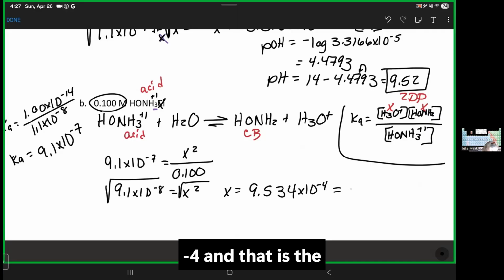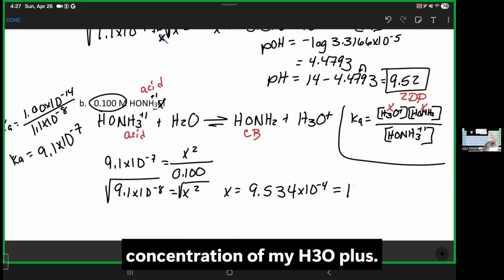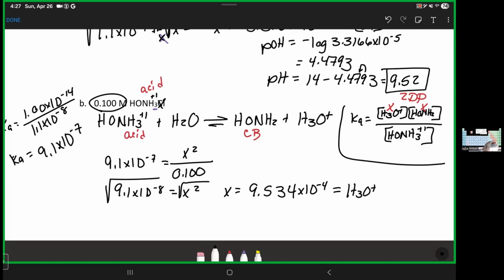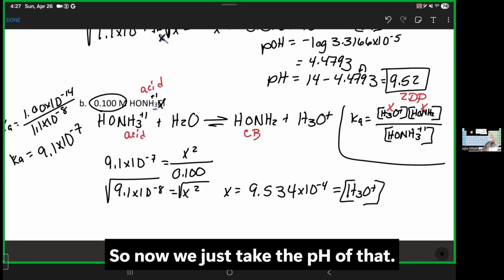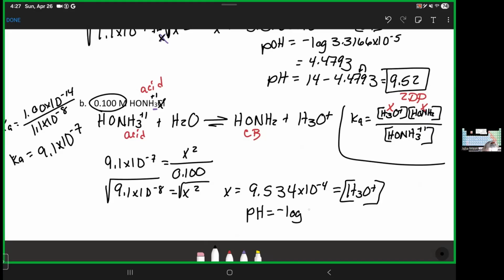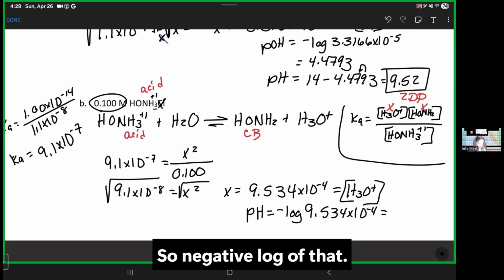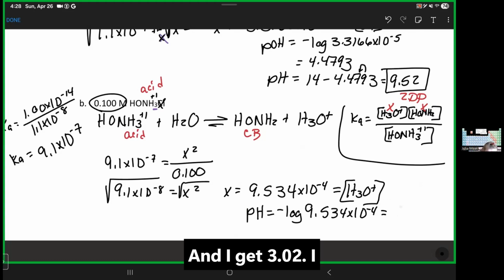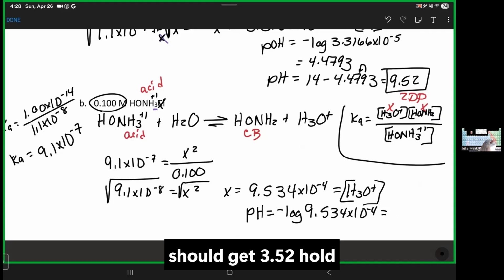And that is the concentration of my H3O plus. So now we just take the pH of that. So negative log of that. And I get 3.02. I should get 3.52.